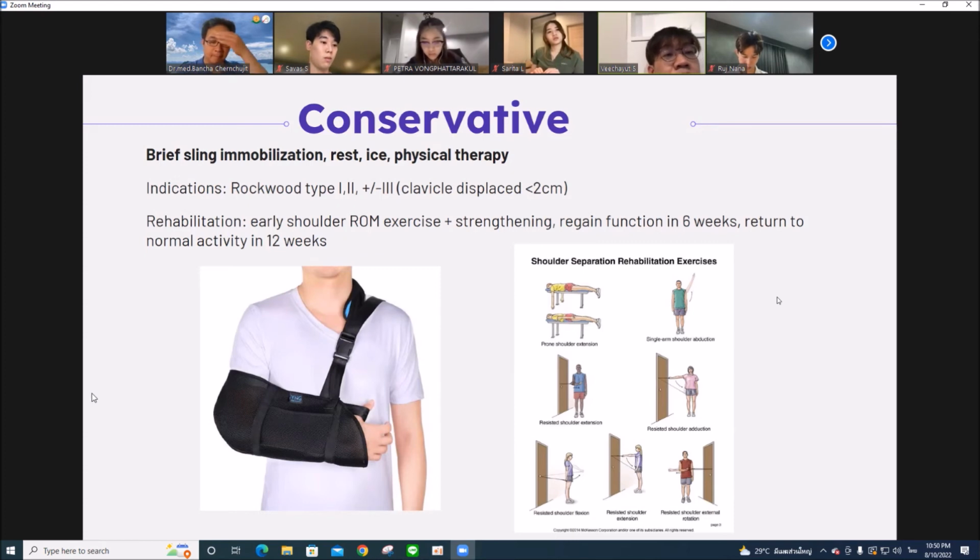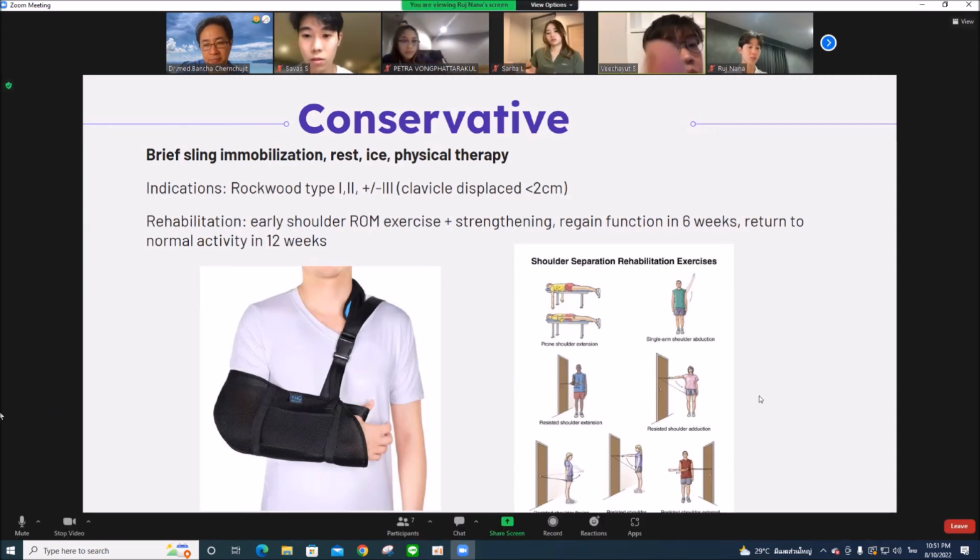Rehabilitation is recommended in these patients, including early shoulder range of motion exercise to regain function. The treatment usually lasts 6 weeks to regain function, and normal activity in 12 weeks. We call this skillful neglect. You do nothing, just a sling.